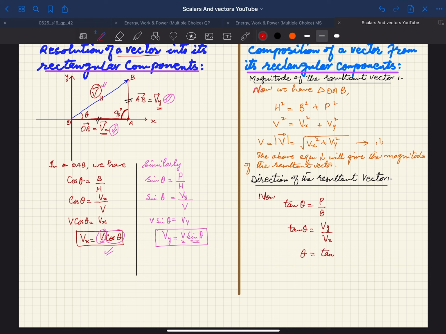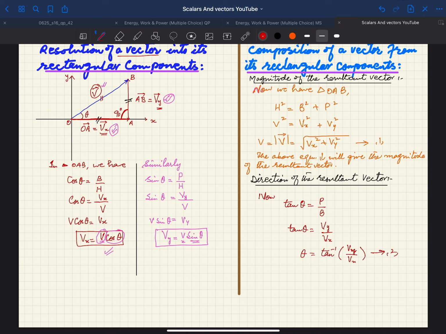And how you will find? You will take the inverse of tangent, which is basically Vy over Vx. So this will be the equation 2, which will give you the direction of your resultant vector.